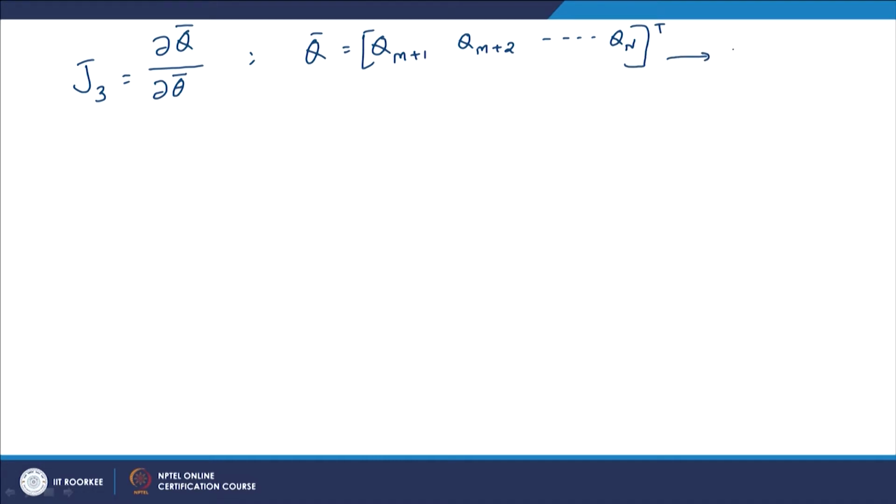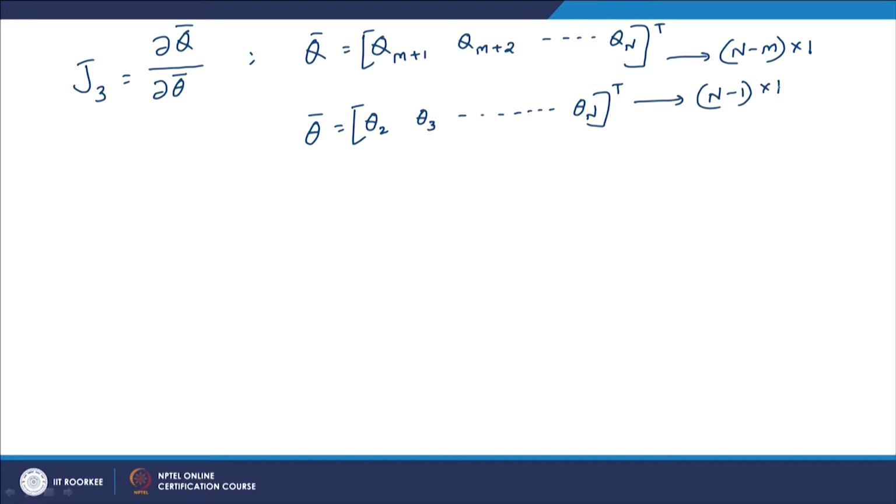So this is an n minus m cross 1 vector, and vector theta is theta 2, theta 3, up to theta n transpose. This is an n minus 1 cross 1 vector.